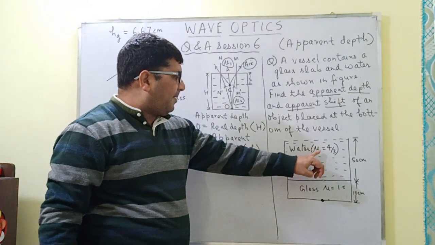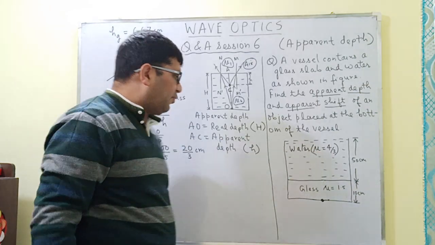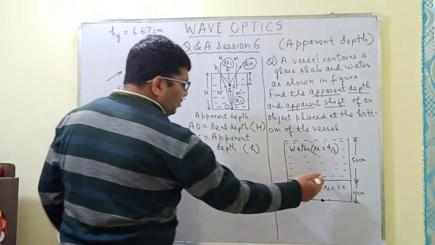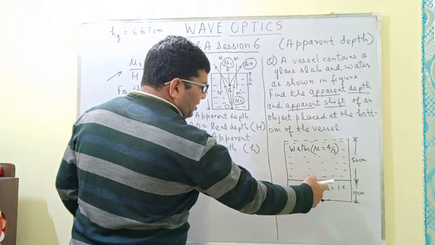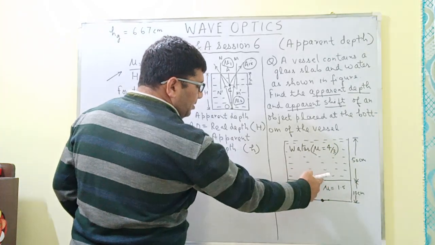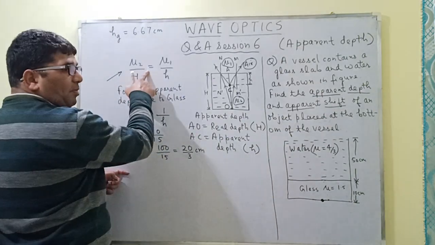Now, considering this medium, that is water. So here the absolute refractive index of water is 4 by 3, and so if I am considering this medium, I will be using this formula again.